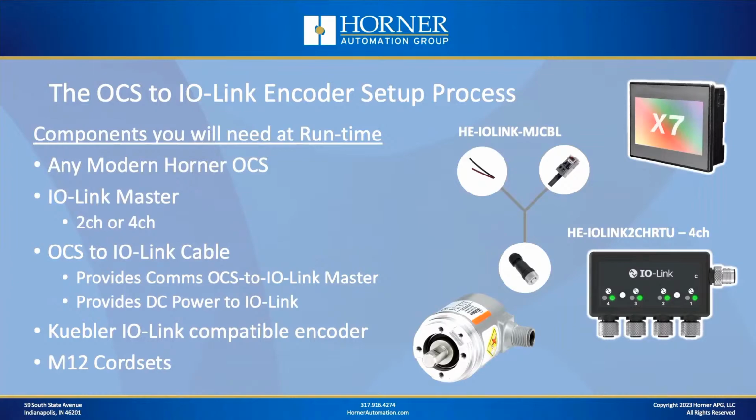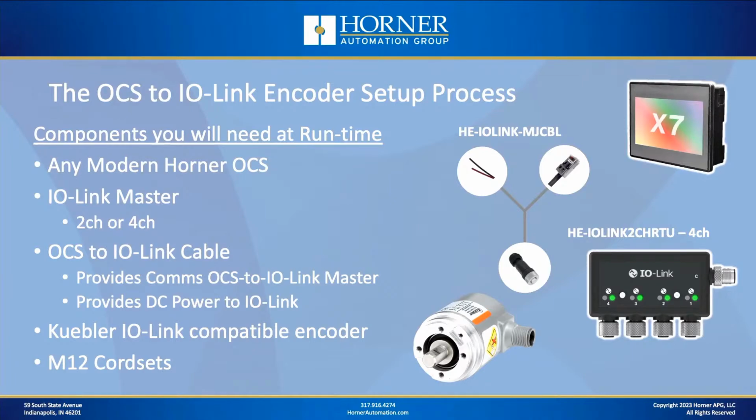Now at runtime, what you're going to need, of course, is any modern Horner OCS. All the modern Horner OCSs support IO-Link, or they support the IO-Link masters. You'll need one of the IO-Link masters. There's a 2-channel version and a 4-channel version. You're also going to need an OCS to IO-Link master cable.